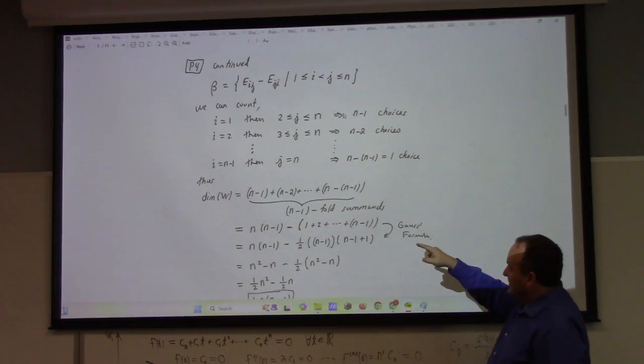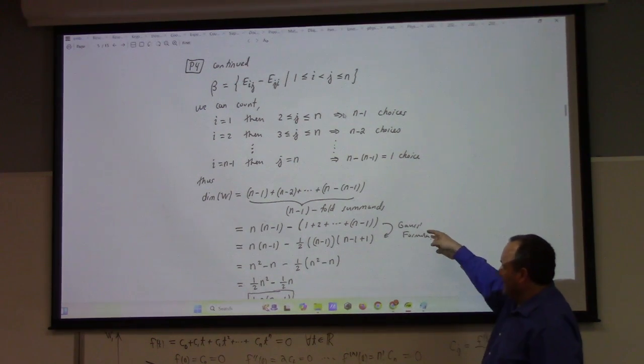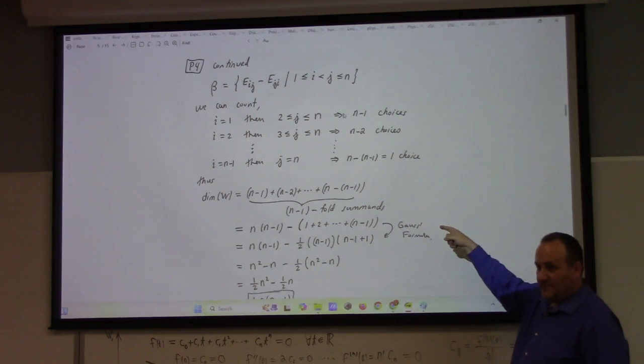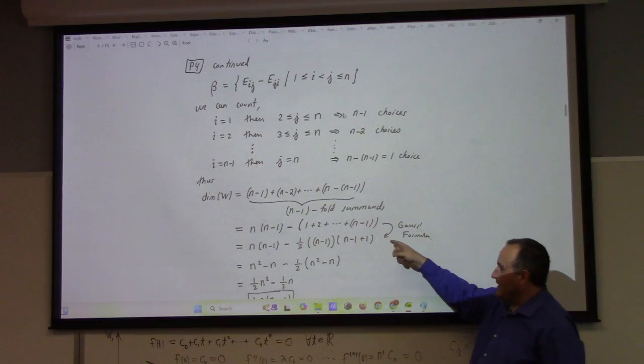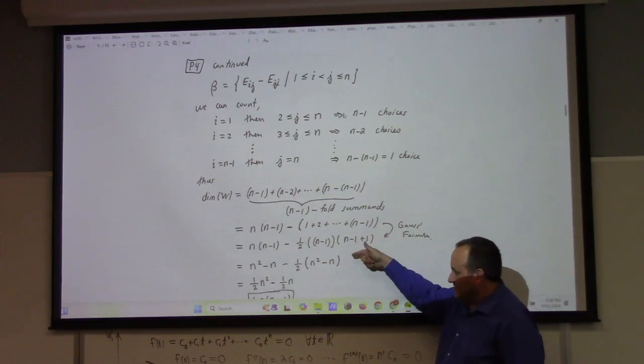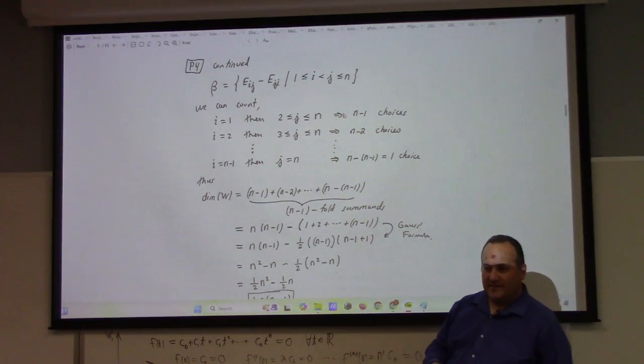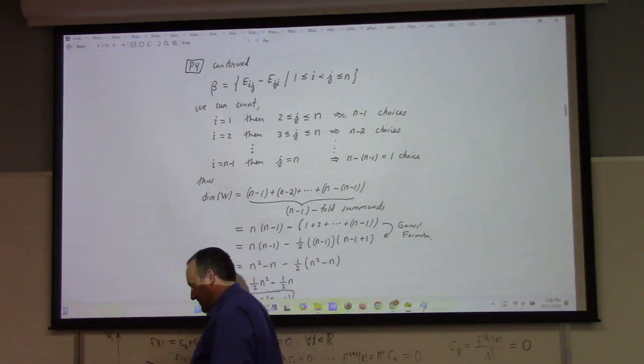So the number of choices is that, where there are n minus 1 summands, which I can rewrite as such. And then by Gauss's formula, which says that the sum of the numbers from 1 to n is equal to 1/2 n times n plus 1, which when you apply it to n minus 1 gives you this. This is the wrong way to count here.